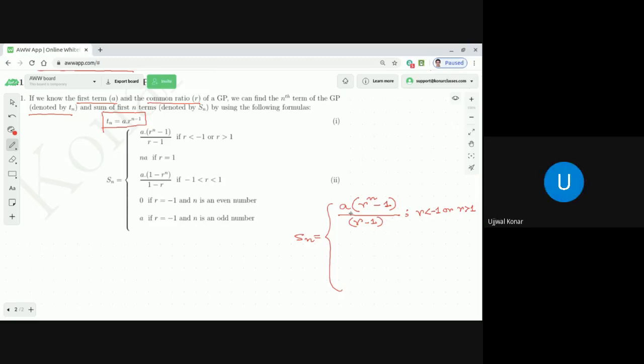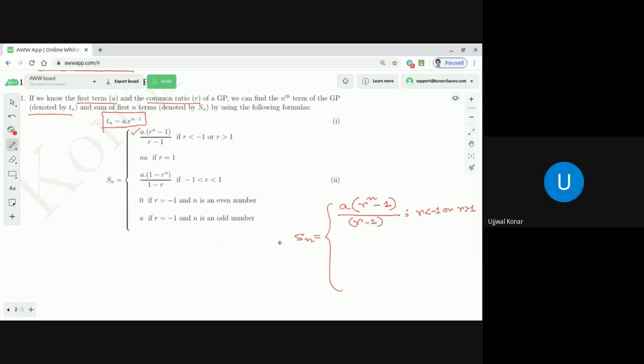Now the second case. The first case we discussed. The second case is apart from the case that R is less than minus 1 or greater than 1. So then R should be in between minus 1 and 1.